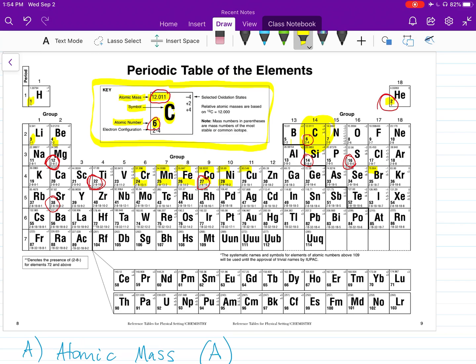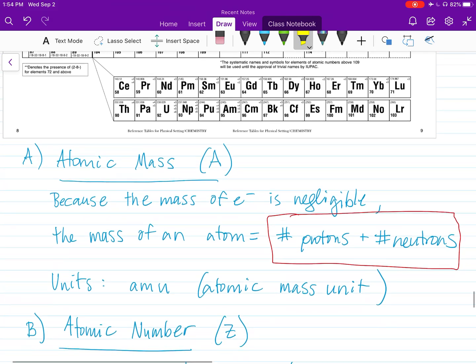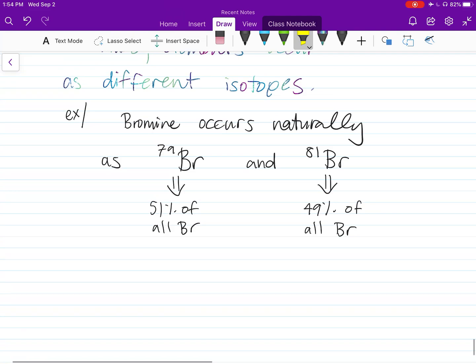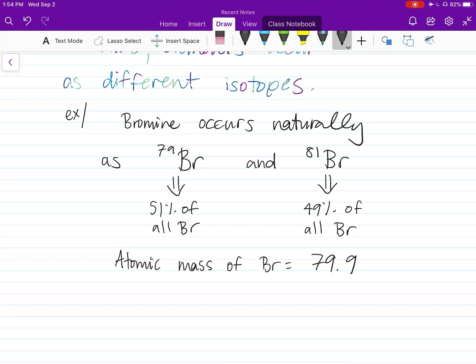Definitely not a whole number, but between 79 and 81, closer to 80 than either of those two numbers. So effectively, the atomic mass on the periodic table of all bromine atoms is 79.9. And that reflects a weighted average of the naturally occurring isotopes, weighted according to their natural abundance.